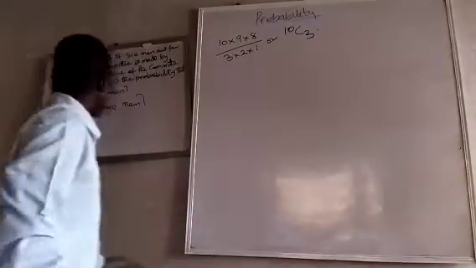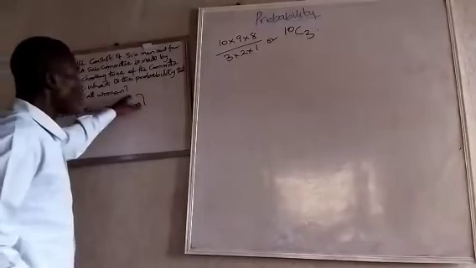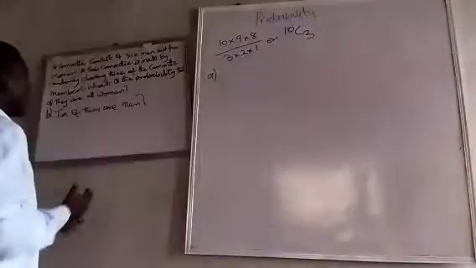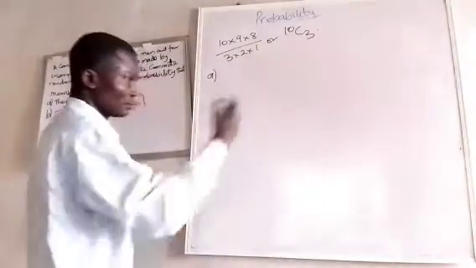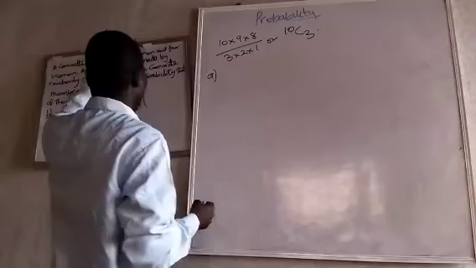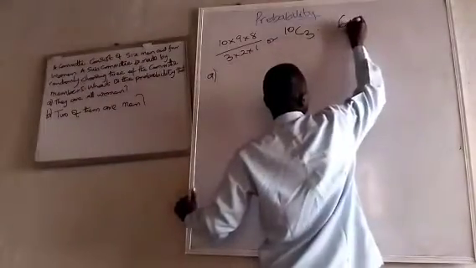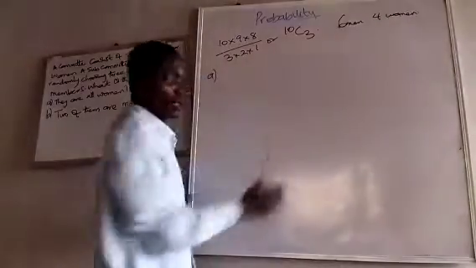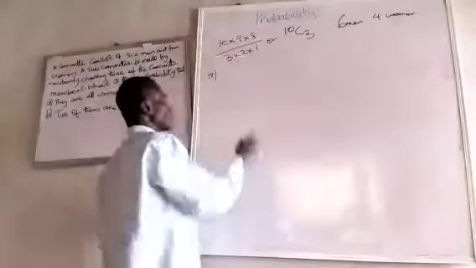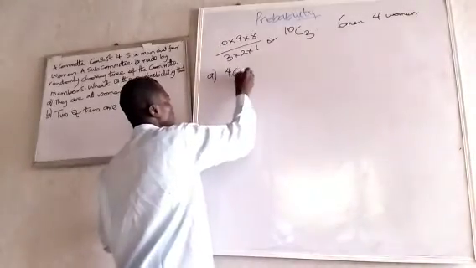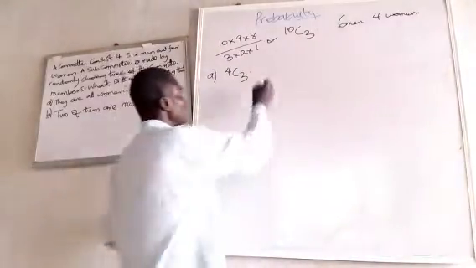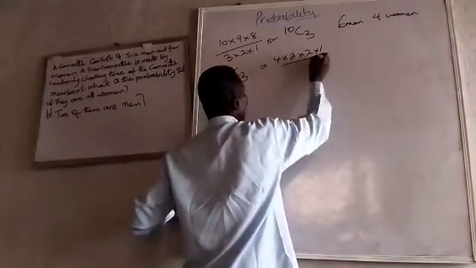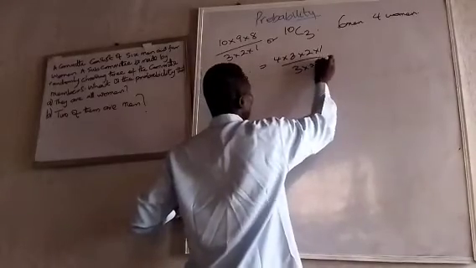Now, we are asked, what is the probability that they are all women? If they are all women, what is the total possible selection? We are told that there are 4 women and 6 men. Because we have a total of 4 women, the possible outcome is going to be 4 C 3, and that's 4 times 3 times 2 over 3 times 2 times 1.